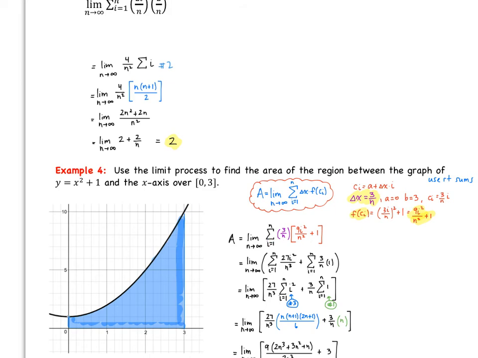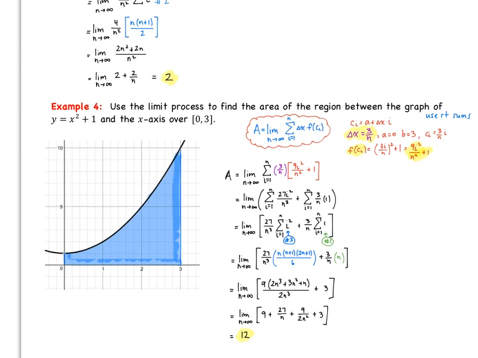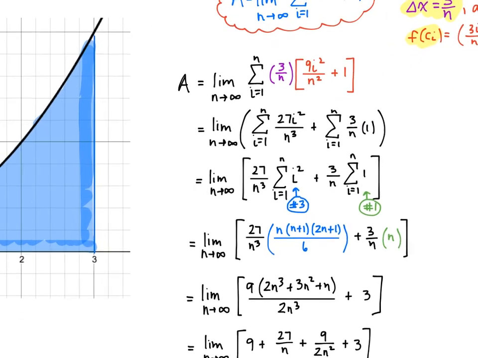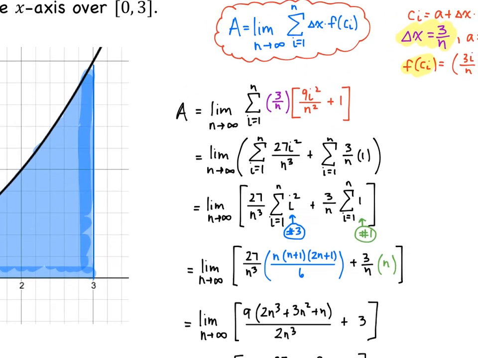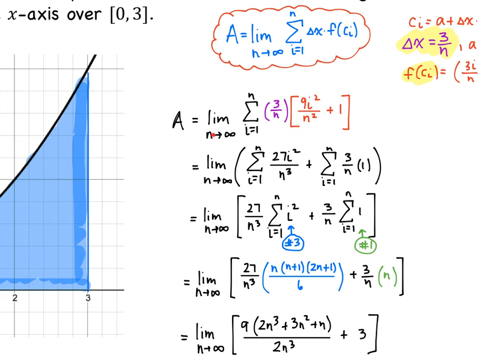And so the area under this curve is going to equal all of this work here. So we want the limit as n goes to infinity, the number of rectangles being infinite, of the sum from 1 to n of our delta x, 3 over n, times f of c sub i, 9i squared over n squared plus 1.